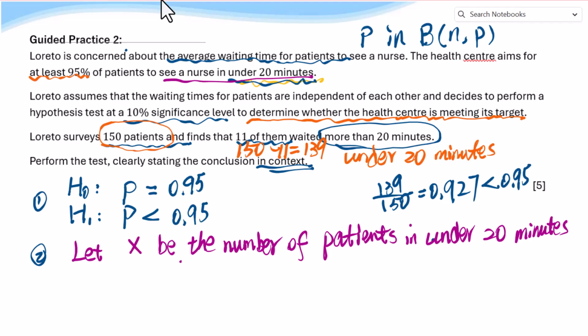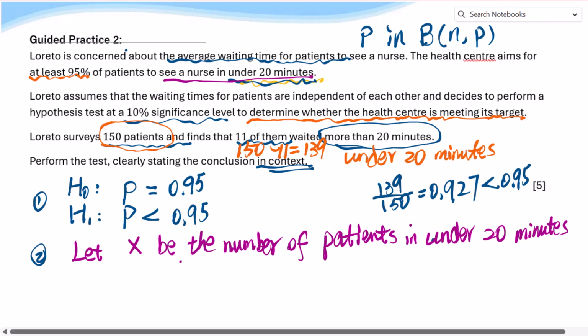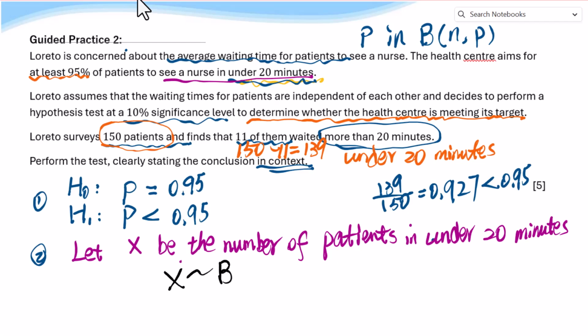Let X be the number of patients seeing a nurse in under 20 minutes. Then X follows a binomial distribution with 150 as the sample size and 0.95 as the probability of success.